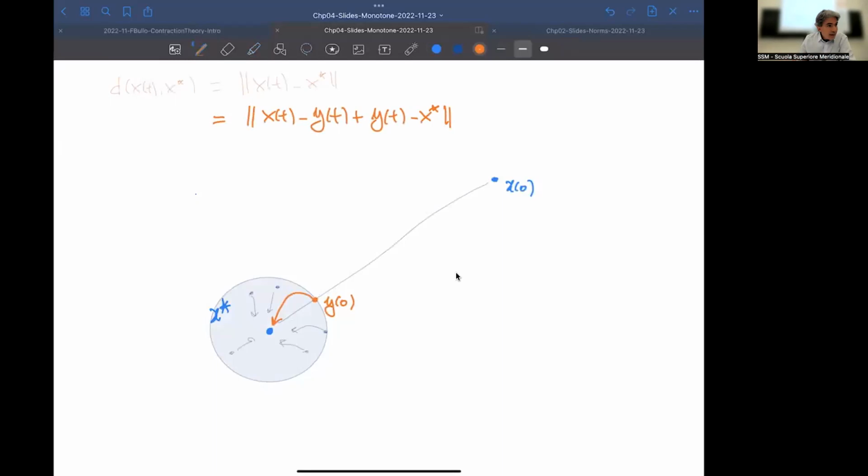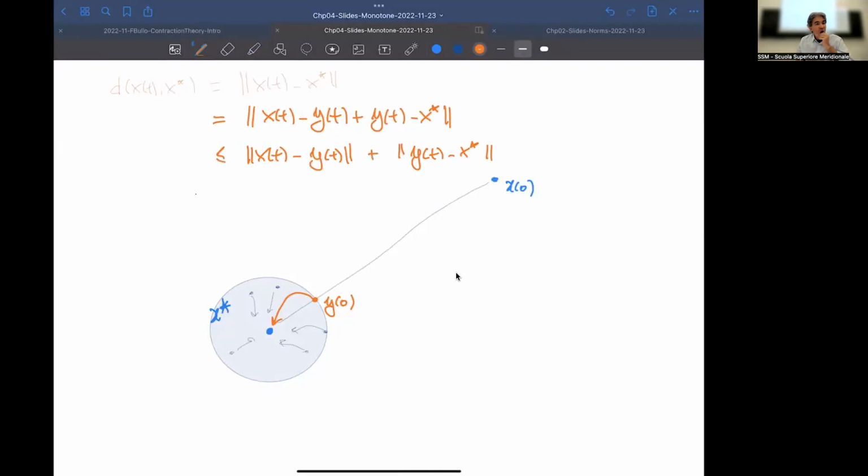Then, as you know, either in metric spaces or for norms, you can use this beautiful property called the triangle inequality. So this is less than or equal to the norm of x at t minus y at t plus the norm of y at t minus x star. Are you okay with that? All right, perfect.